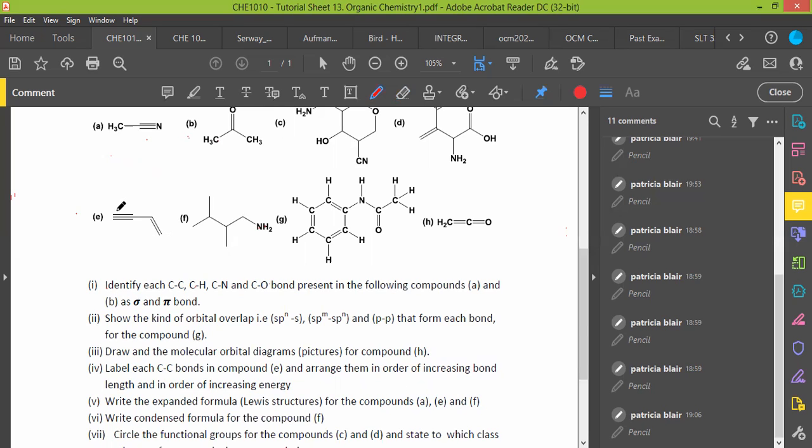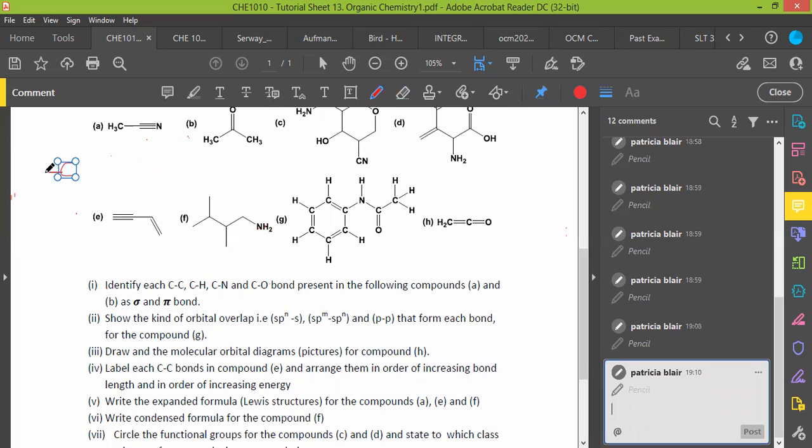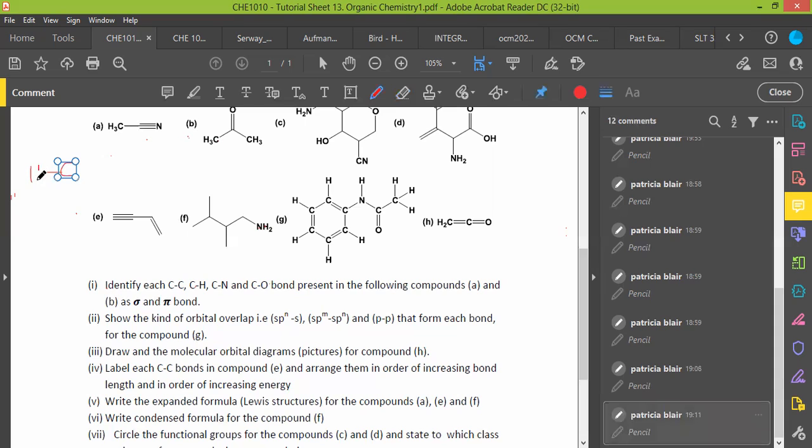So for the expanded, you begin with this carbon. It's a C. That carbon has a straight bond to a hydrogen atom, and then it has a triple bond to a carbon atom. So it has 4 bonds already. Again here, this one has a single bond to a carbon atom. This carbon atom has a double bond.